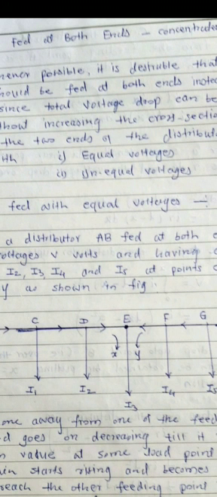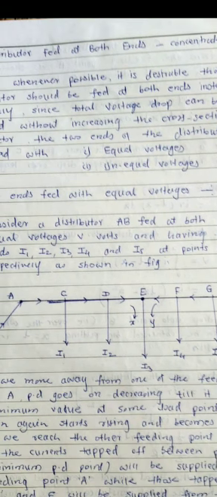Whenever possible, it is desirable that a long distributor should be fed at both ends instead of one end only, since the total voltage drop can be considerably reduced without increasing the cross section of the conductor.